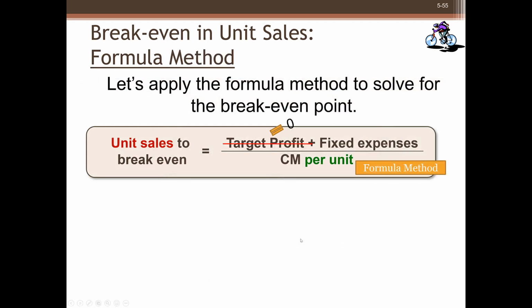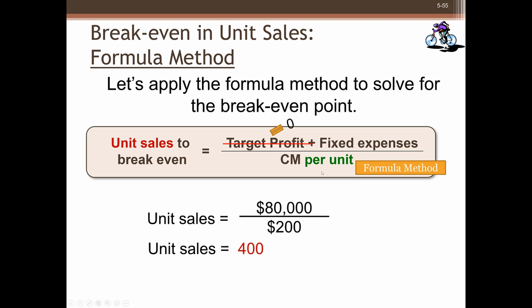For the formula method, target profit is 0, so only fixed expenses and contribution margin per unit. We can get unit sales directly, 80,000 divided by 200, and we can get 400 bikes.